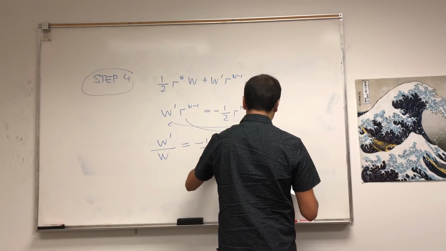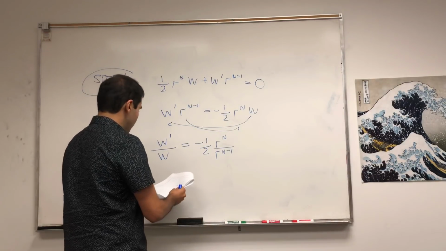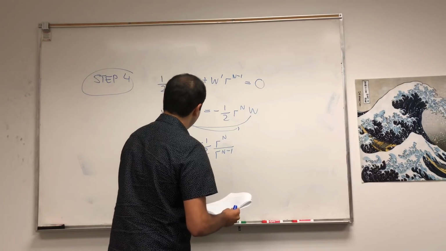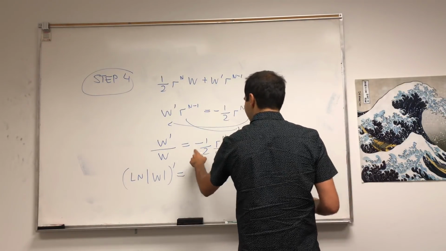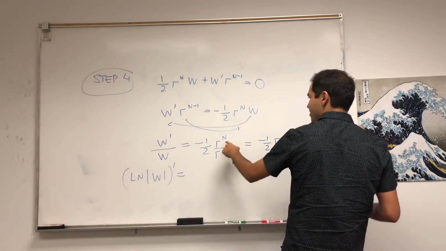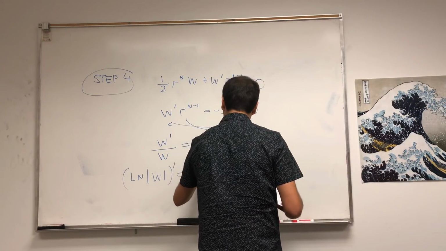So r to the n over r to the n minus 1. And so this becomes ln of w prime equals, so this chunk becomes minus 1/2 r, because this is one factor bigger than that, so minus 1/2 r.